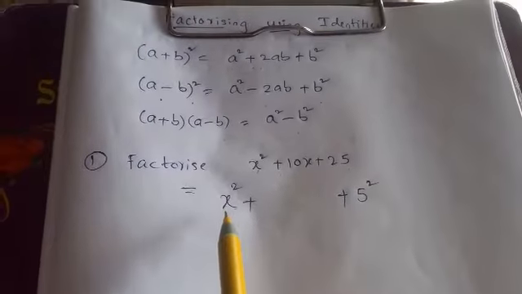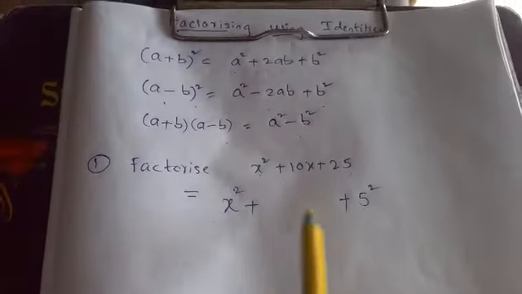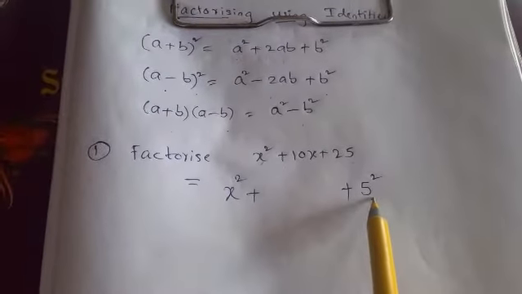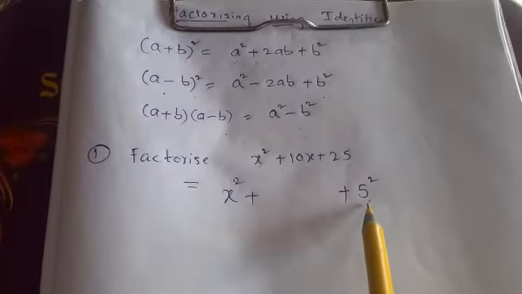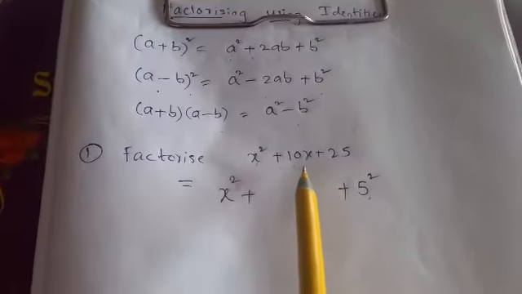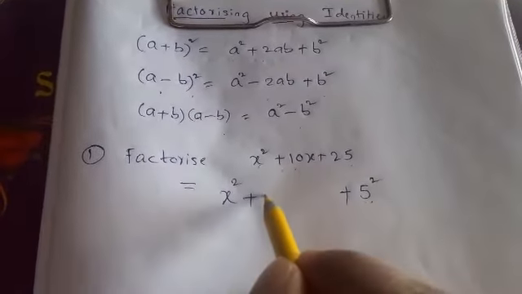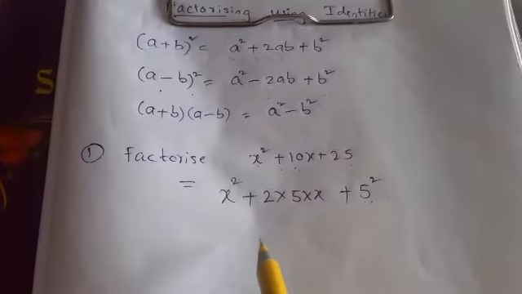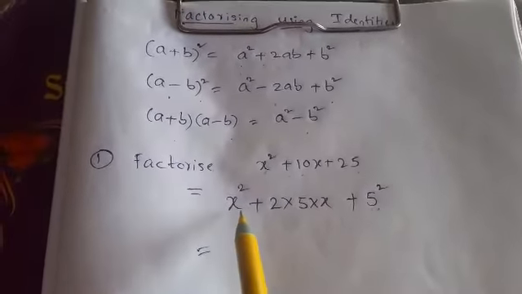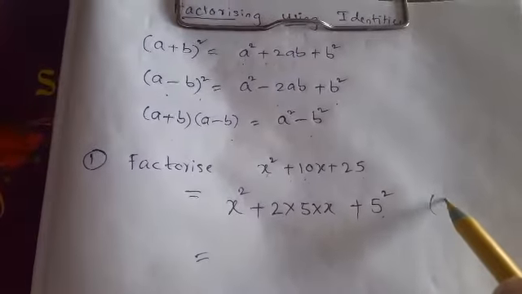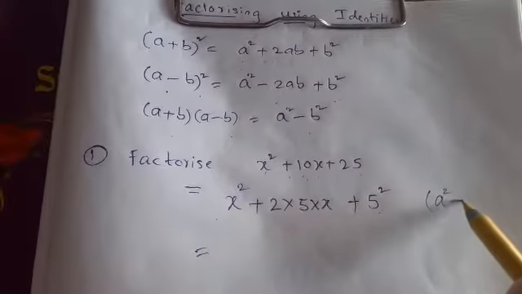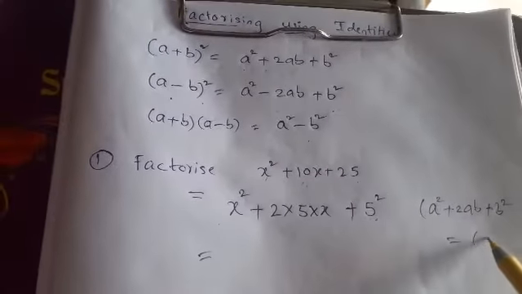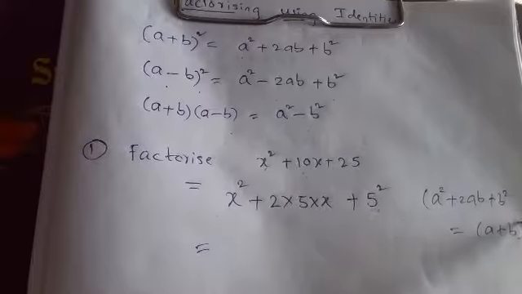Here, what is the product of x and 5? x into 5, 5x. Again multiply with 2: 2 into 5x, 10x. So this 10x can be written as 2 into 5 into x. Now you can observe this is in the form of a square plus 2ab plus b square, which is equal to (a + b) whole square.